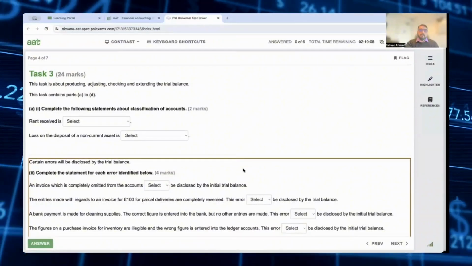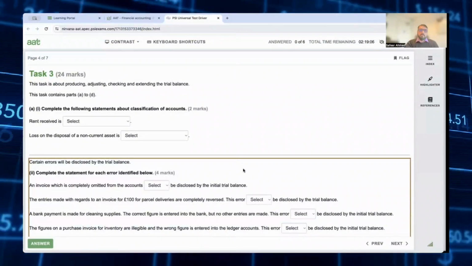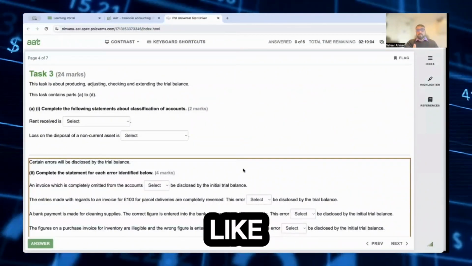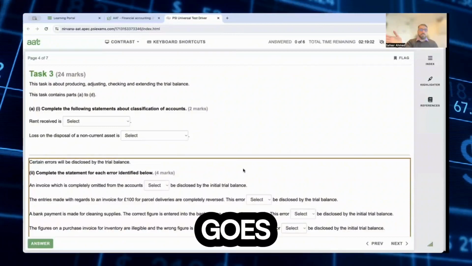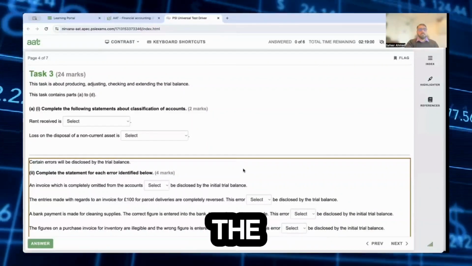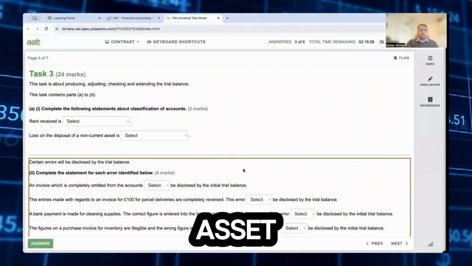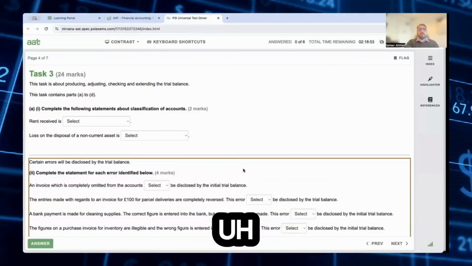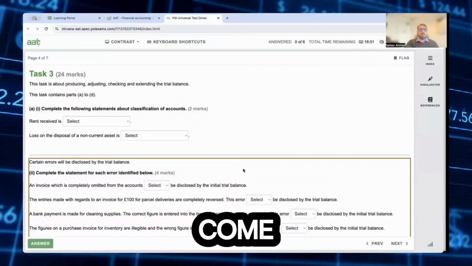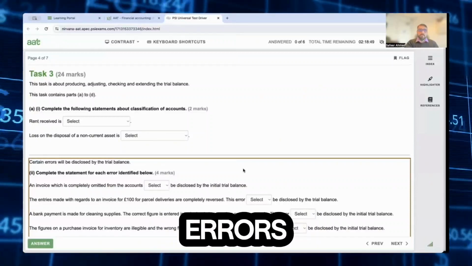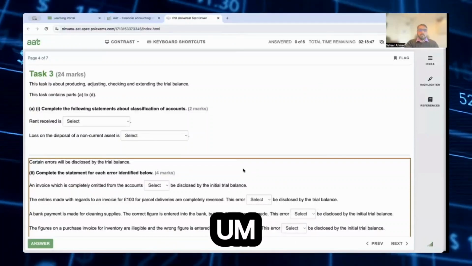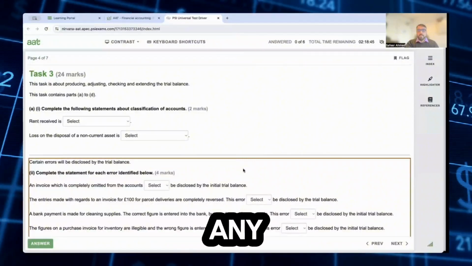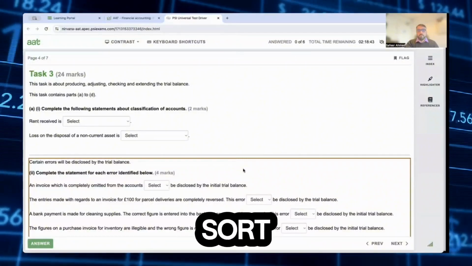So we will be coming across things like initial trial balance, of what goes where, debit and credit, in terms of whether something is an asset or a liability or expense or income. We will also come across things like correction of errors, and then of course checking and any sort of reconciliations.